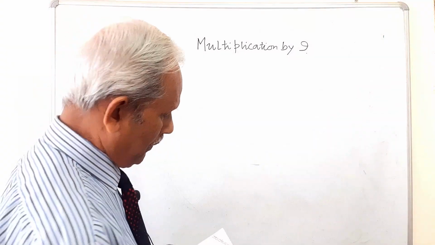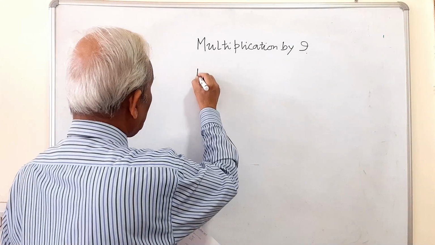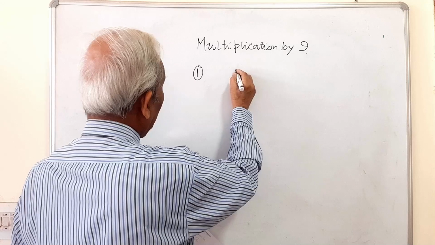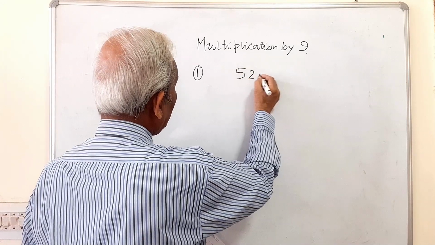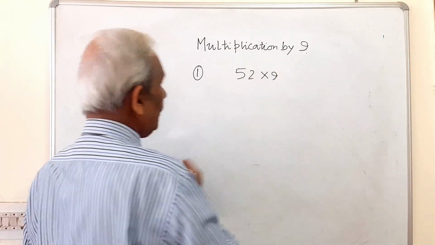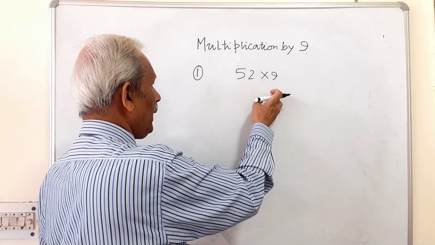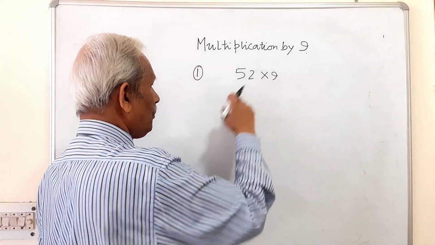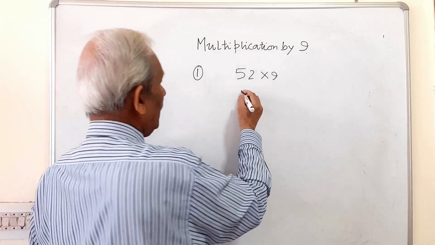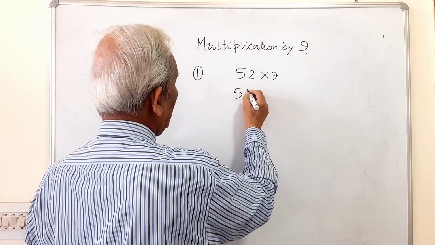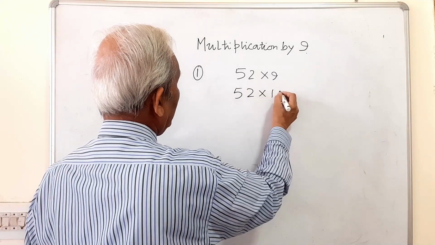The first question is 52 multiplied by 9. We could multiply 9 into 2, which is 18, carry 1, then 5 times 9 is 45, plus 1 is 46. But we will not do that. The alternative is to multiply 52 with 10.